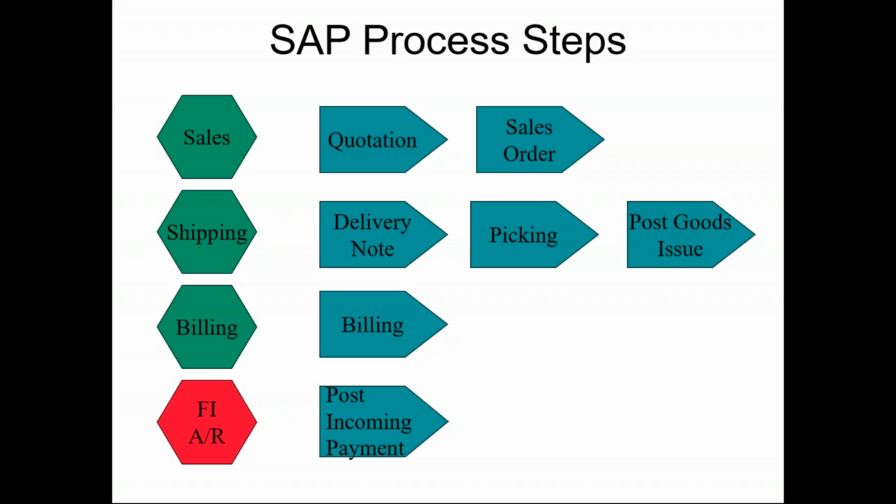And billing is creating the invoice based on the quantity we issue to the customer. Billing is nothing but sending the invoice, or creating the invoice in the system, for the value of the goods we send to the customer. When you think about billing, there are different billing types.